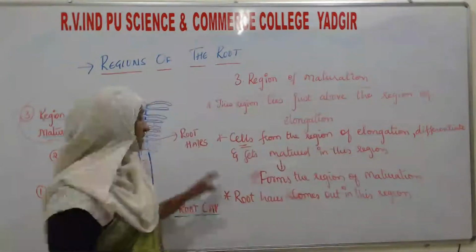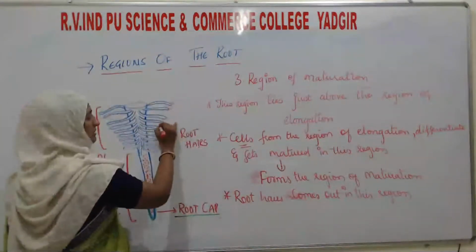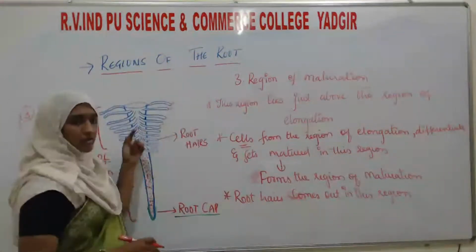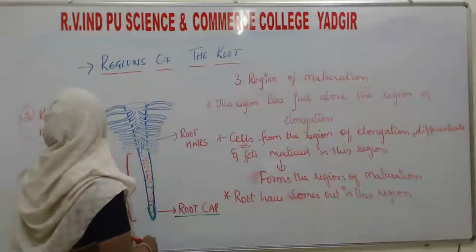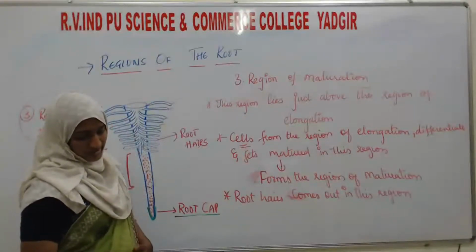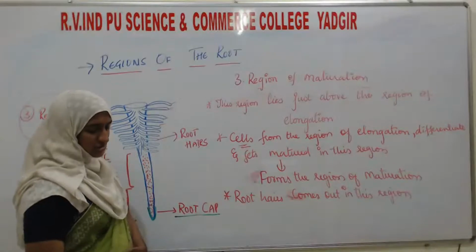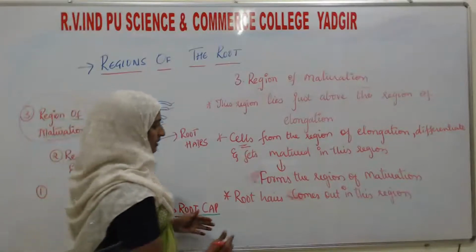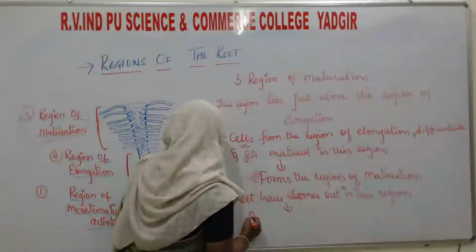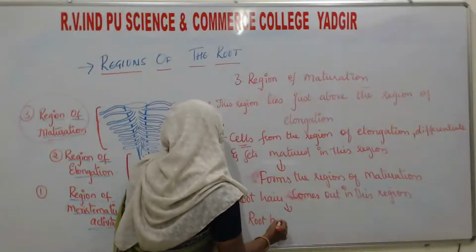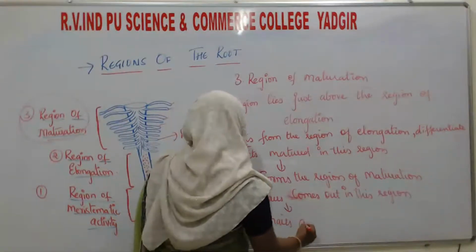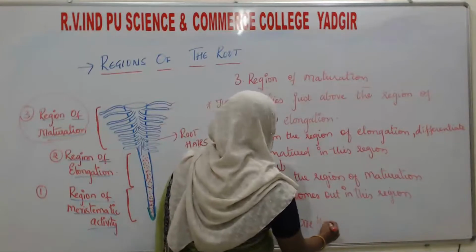Whatever root hairs you can see are coming out from this region. Which is that region? That is the region of maturation.